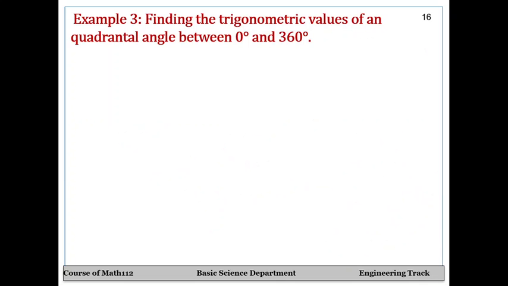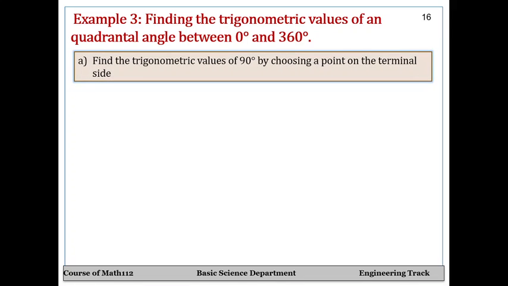Now let's use the terminal side and the unit circle to find the trigonometric values of 90 degrees.